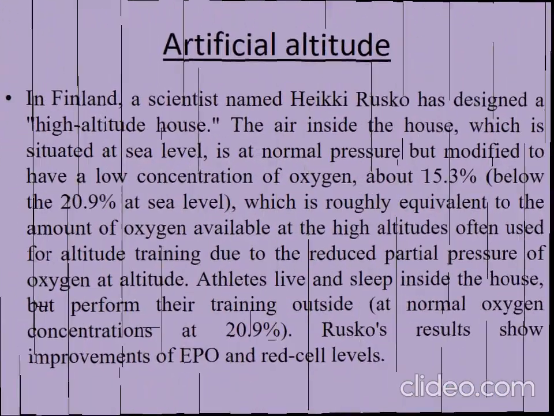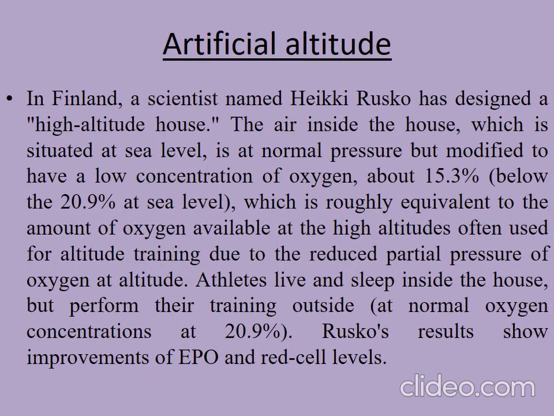There is a real-time example of artificial altitude. In Finland, a scientist named Heikki Rusko designed a high-altitude house. The air inside the house, which is situated at sea level, is at normal pressure but modified to have a low concentration of oxygen, about 15.3%, below the 20.9% at sea level, which is roughly equivalent to the amount of oxygen available at high altitudes.